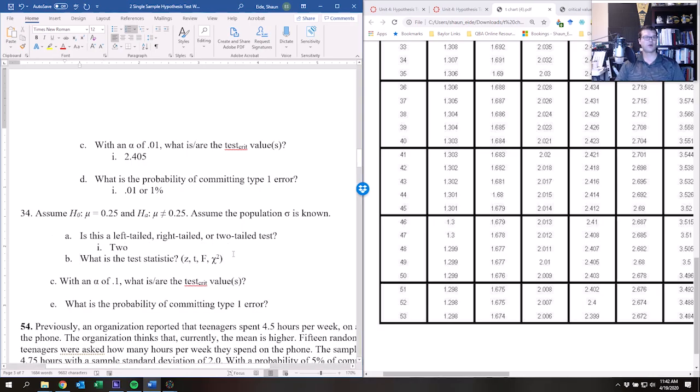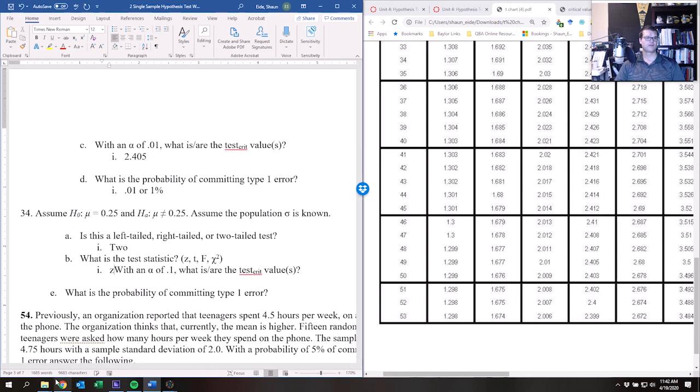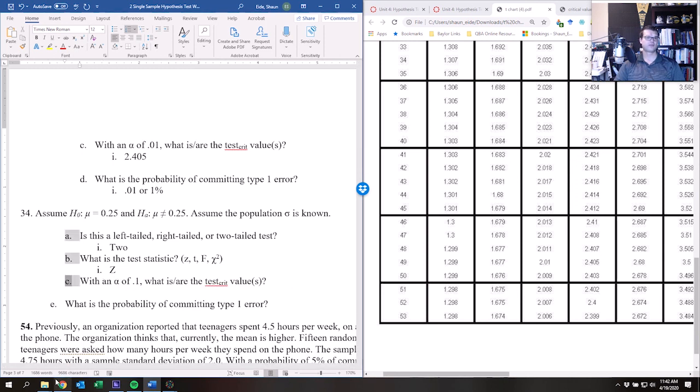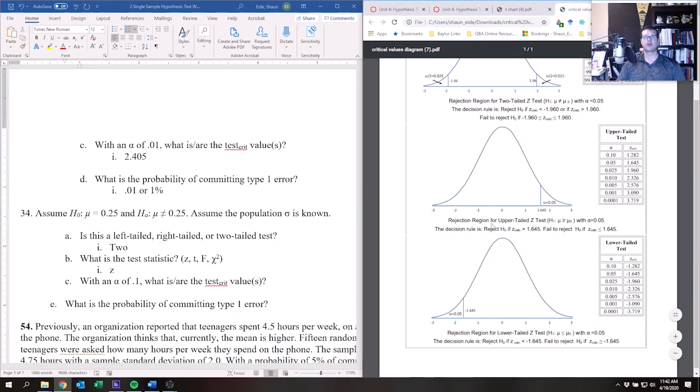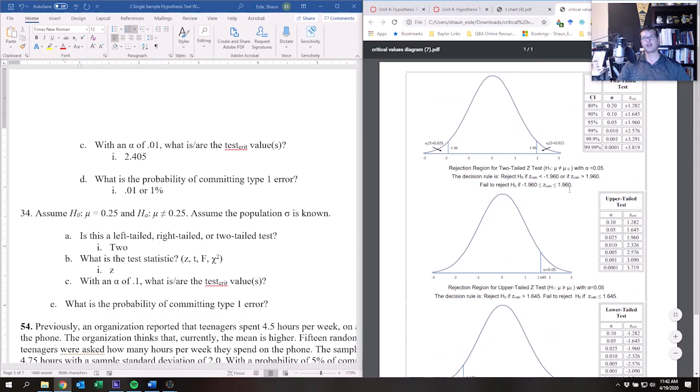With an alpha of 0.1, what are the test critical values? In order to get the test critical values, because it's a z-test and it is a two-tailed test, we're coming right up here with an alpha of 0.1. You can literally just copy and paste this: plus or minus 1.645.